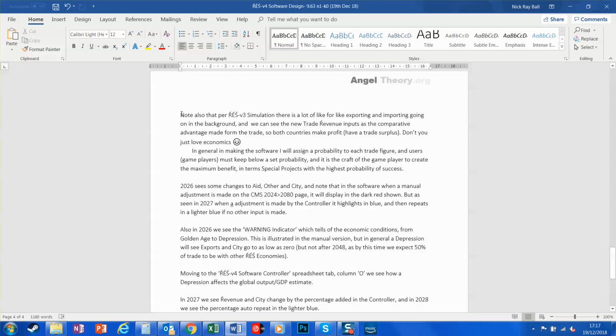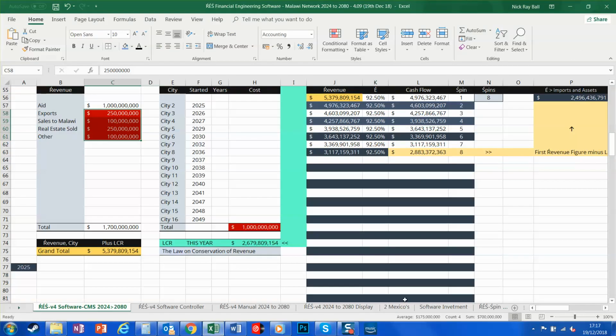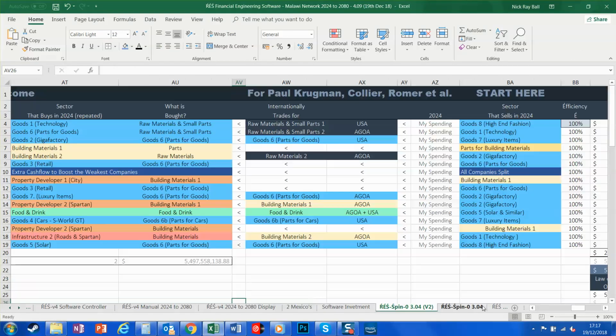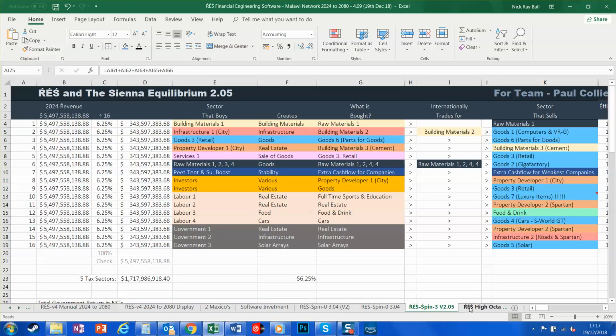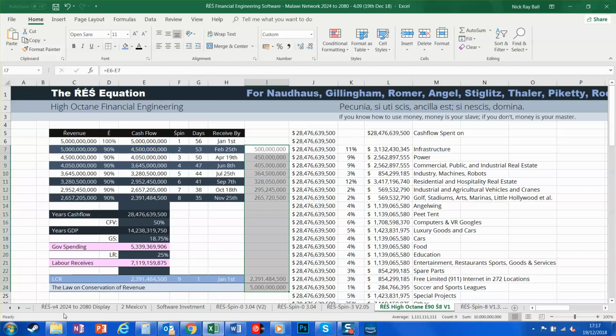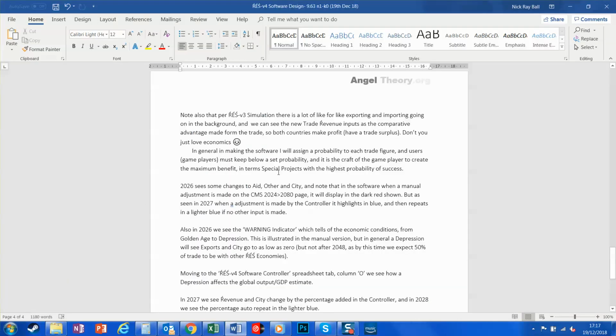Note that per res version 3, which you can find here, you see it's got the 3.04, 3.04, a few different ones for it. But what was my point? Oh yeah, there's a lot of importing and exporting going on in the background.